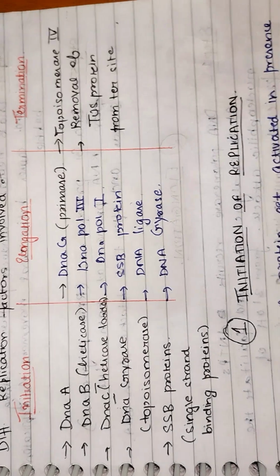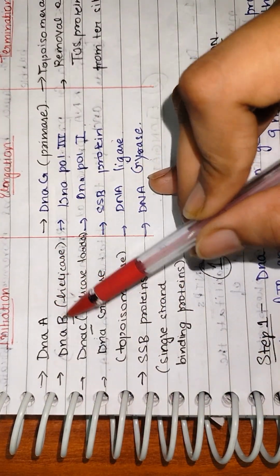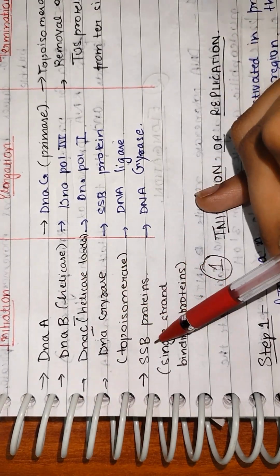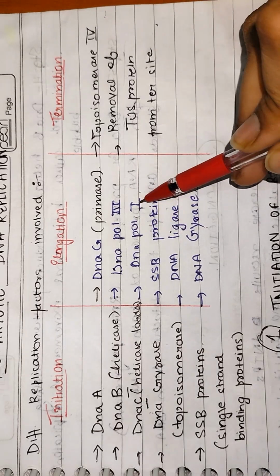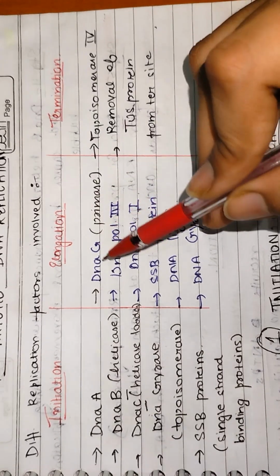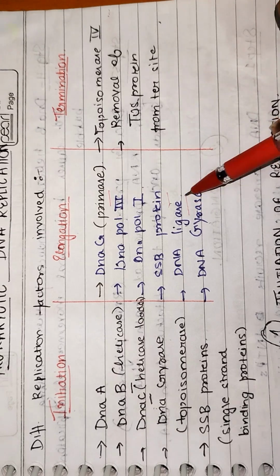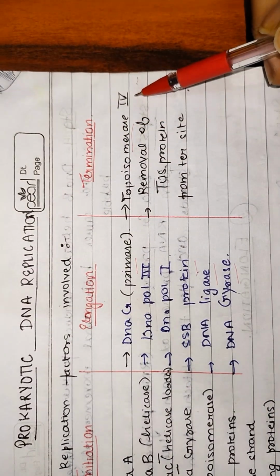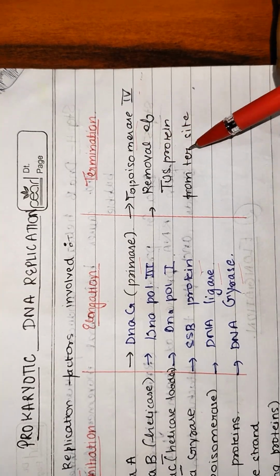In initiation, we require DnaA, DnaB, DnaC, DNA gyrase, and SSB proteins. In elongation, we require DNA polymerase 1, DNA polymerase 3, DnaG, which is primase, SSB proteins, DNA ligase, and DNA gyrase. In termination, we need topoisomerase 4, and there is removal of Tus proteins from the Ter sites.